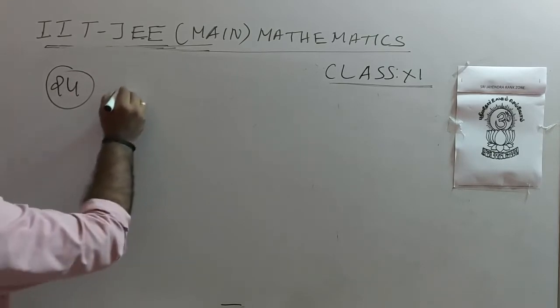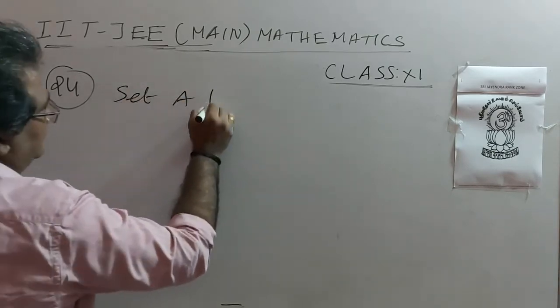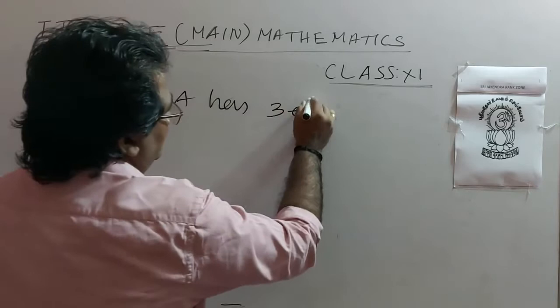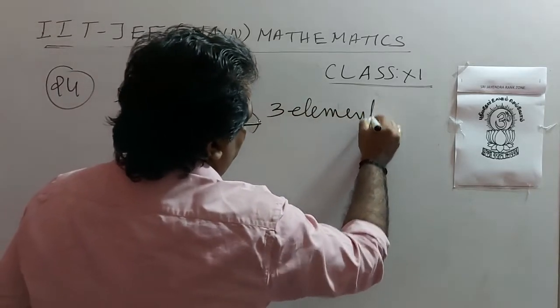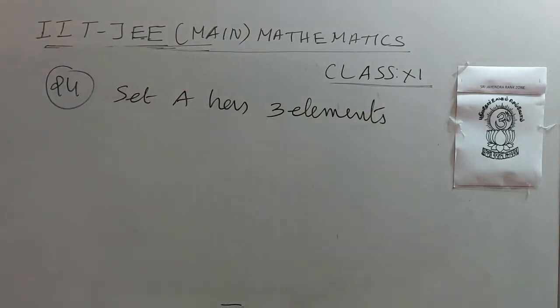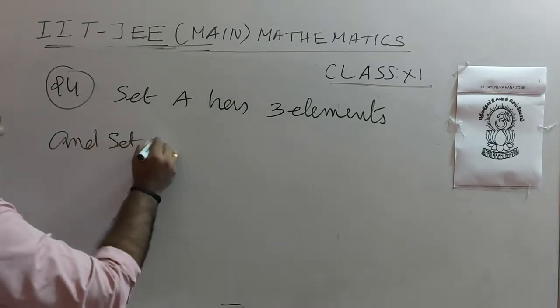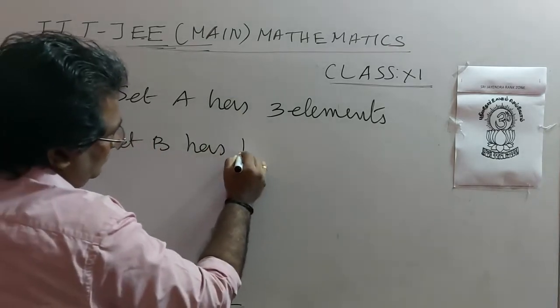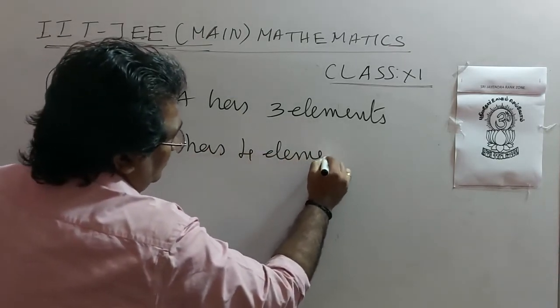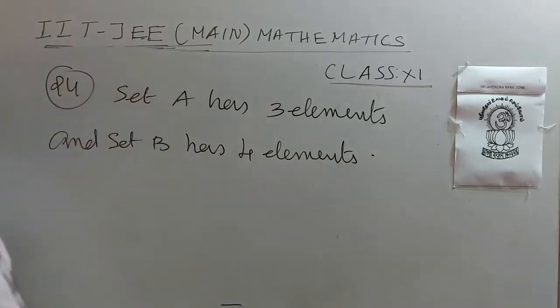Set A has three elements and set B has four elements.